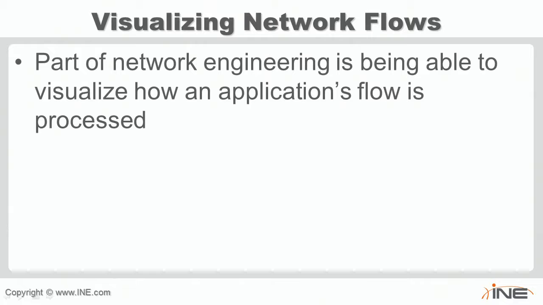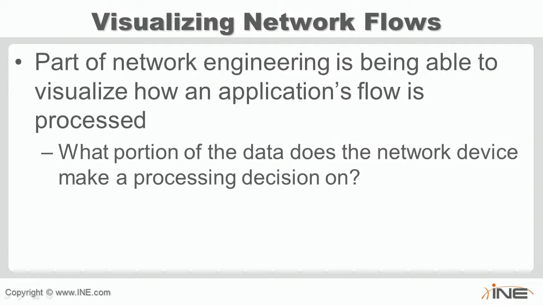So really, to figure out where an individual piece of the network fits in, we need to understand how it's making its decision on the traffic, or how it's treating the individual network flows. This is going to be a big part of the job as a network engineer: being able to figure out what the flows look like in the network, and when the device receives that data, what it is going to make its decision on, or how it is going to do its processing.